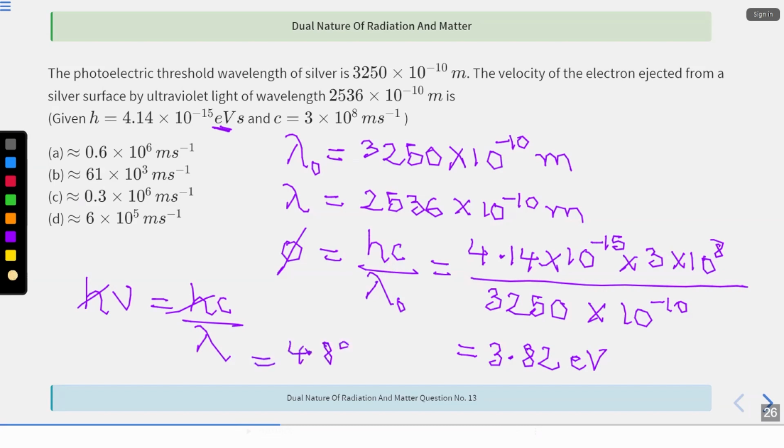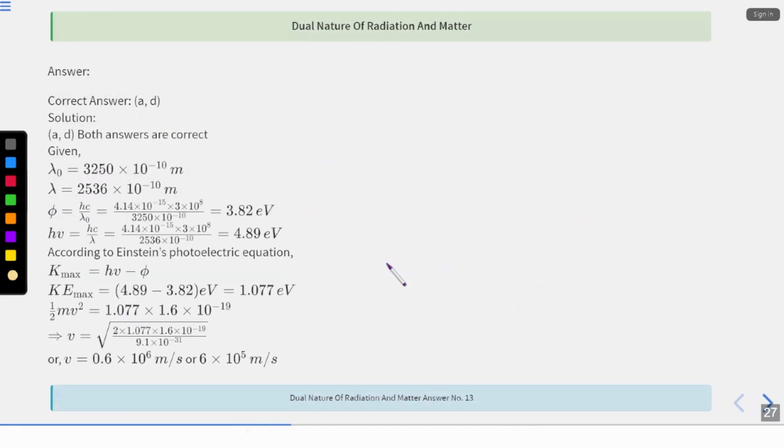4.89 eV. Yes, we got two values, and we know Einstein's photoelectric equation, and that is nothing but K max is equal to hv minus phi, right?